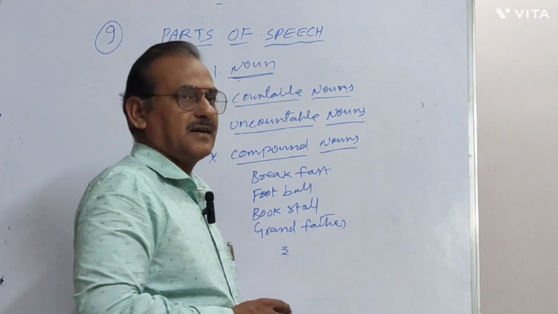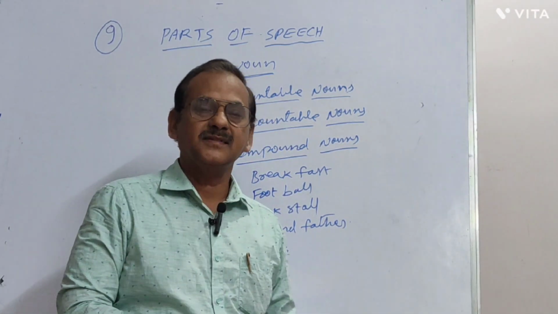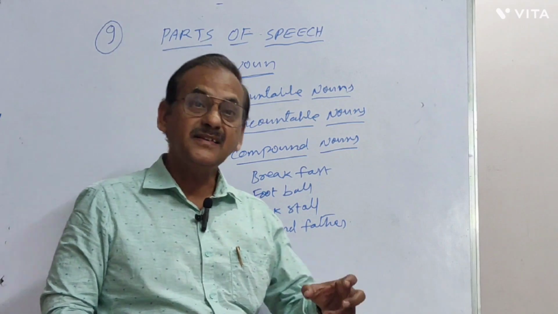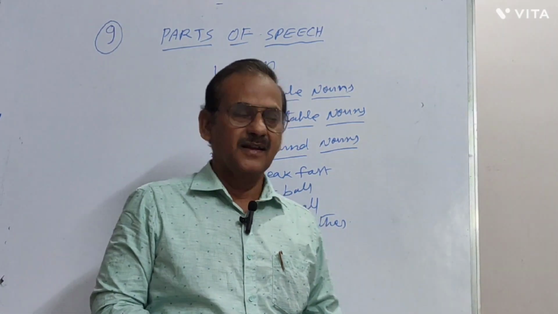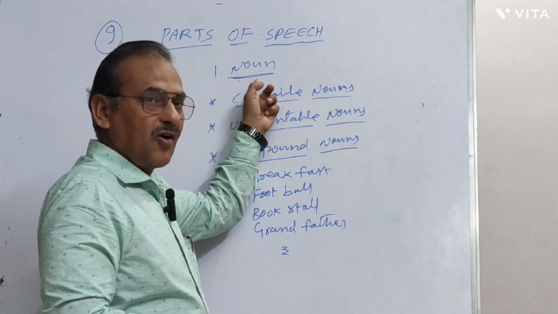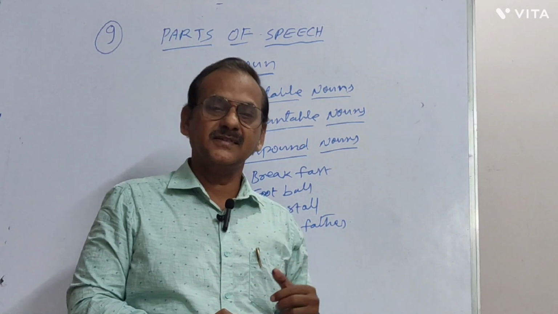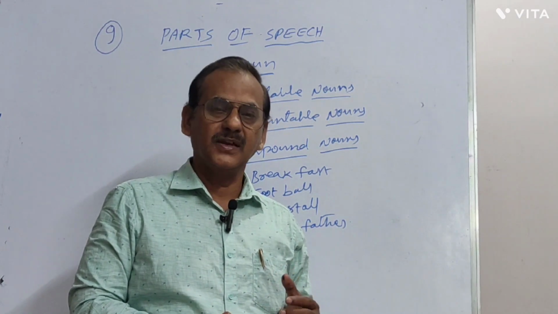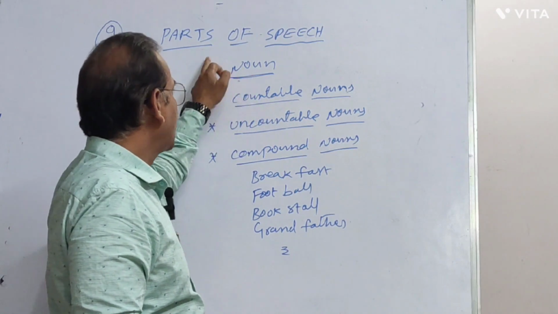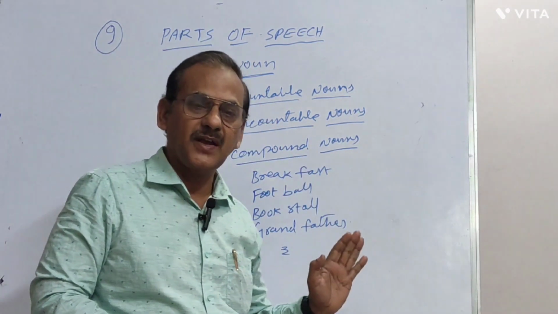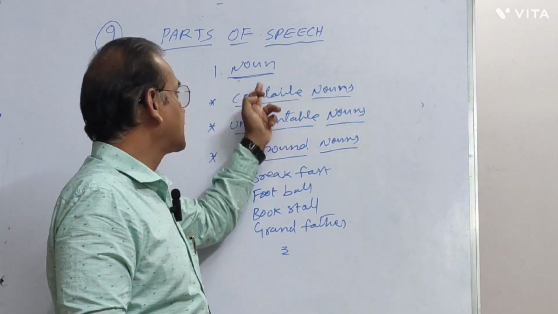So these are the types of nouns. In our next class, we discuss kinds of nouns. In noun, there are kinds of nouns. We discuss those in our next class. You see, totally there are 8 parts of speech according to English. The first one is noun.